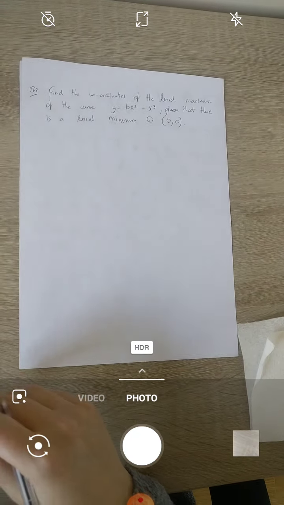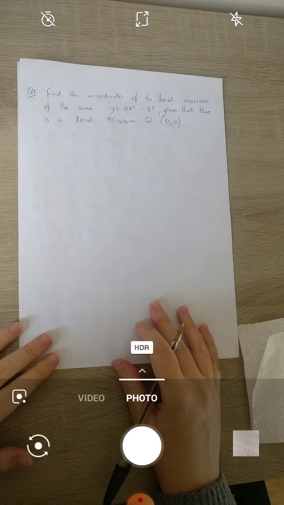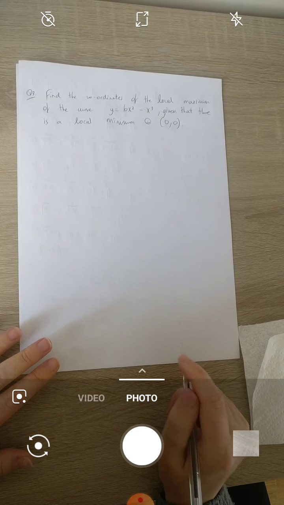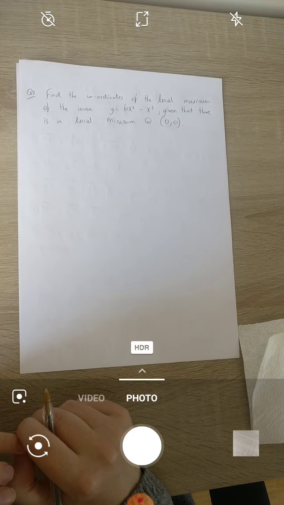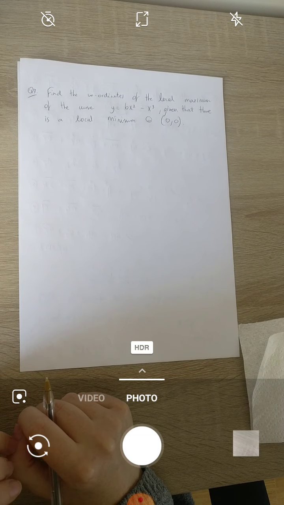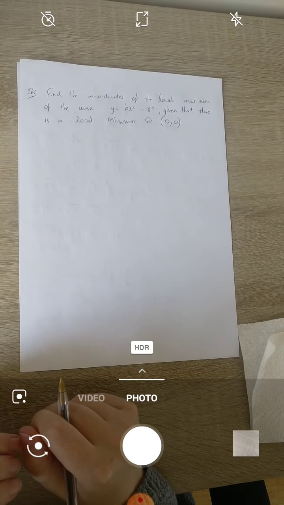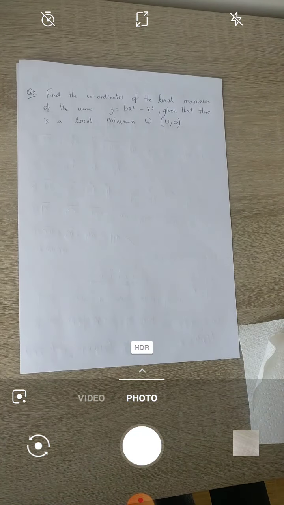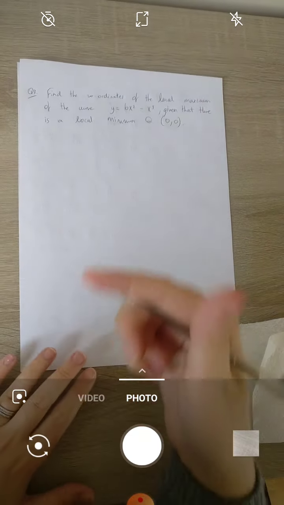Question 3. Find the coordinates of the local maximum of the curve y equals 6x squared minus x cubed, given that the local minimum is at (0, 0). So what they've done here is they've told you what the minimum is, so you only need to find the other turning point.